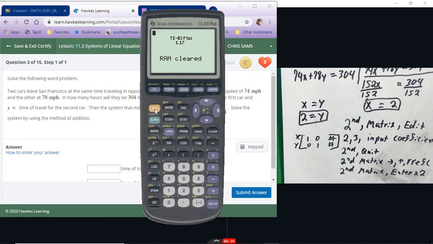Here is second, and then here is matrix right here, this little x to the -1 button. All right, we're here. We're going to go over to edit. That's what this says. All right, and then we're going to just hit enter. So the first number wants to know how many equations we have. 2. So that's the input 2, enter. And then 3, enter.